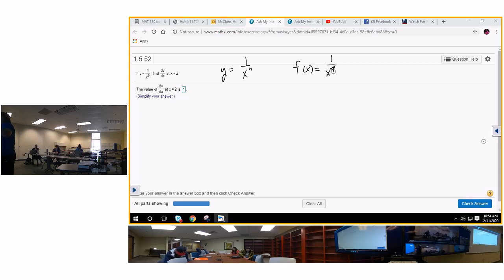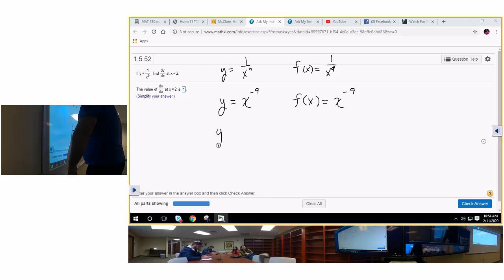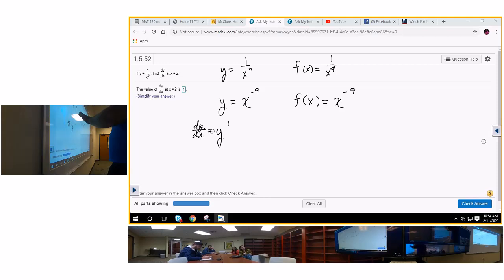Or y is equal to x to the -9th. f of x is equal to x to the -9th. Here, y prime or dy/dx, however you want to write it, I don't care. If you want to write f prime of x, you can do that. All of them are the same.